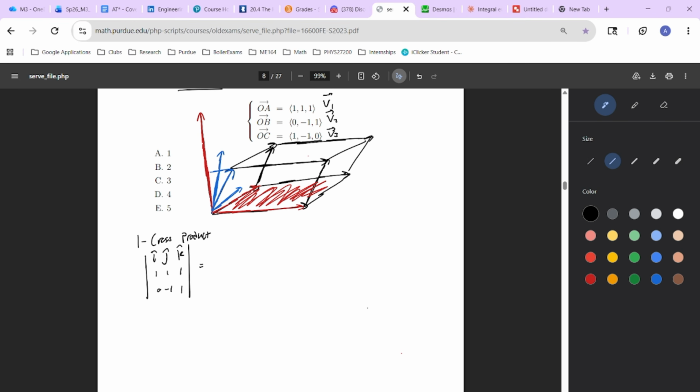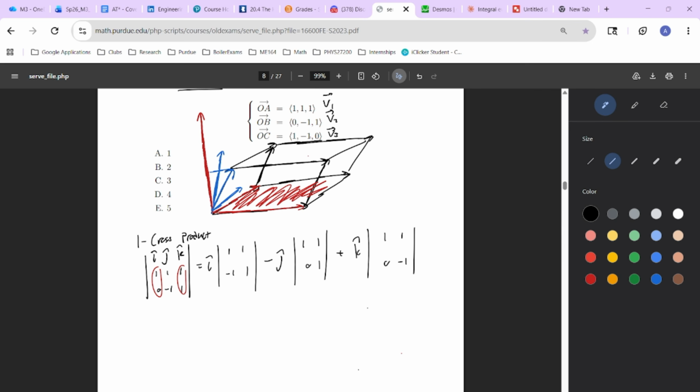I'm going to write out the cross product as I would do it in linear algebra, and then I'll explain it to you. I would take i and multiply it with this small matrix in here, 1, 1, negative 1, and 1. Then I will subtract j, multiplied again by the matrix from this vector and that vector, 1, 1, 0, 1. Then plus k multiplied by this smaller matrix here, 1, 1, 0, and then negative 1.